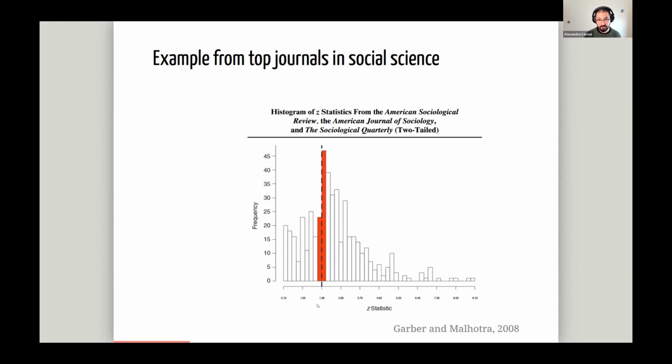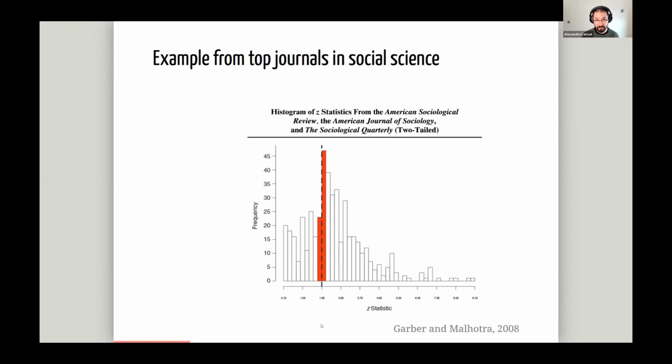Because this is a two-sided test, we know that the value of 1.96 is the cutoff point for finding a significant result. If the likelihood of having a significant result were not associated with publication, we wouldn't expect any relationship. We would just expect random noise here.